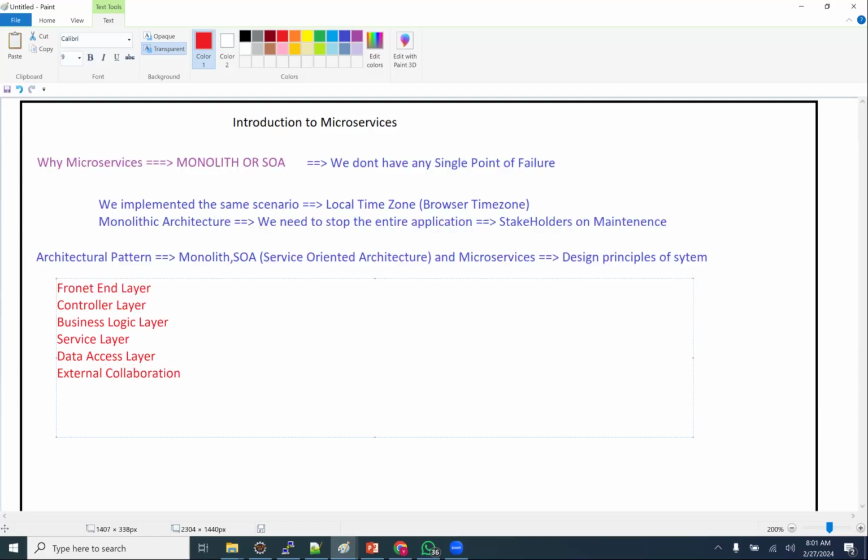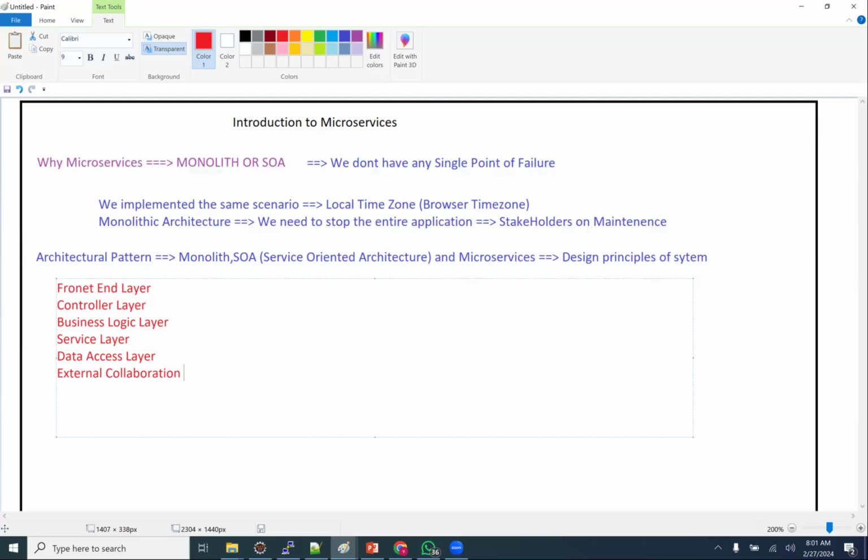It may not apply to everyone. So these are the different parts in my product. Yes or no? Will you agree, guys? Front end, controller, business, service, data access, external collaboration, anything.